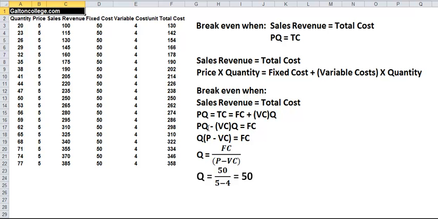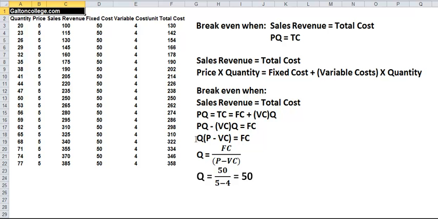Now we can factorize. In other words, we can take the Q outside the brackets. So it's Q times, inside the bracket, P minus variable cost per unit, which is equal to the fixed cost.